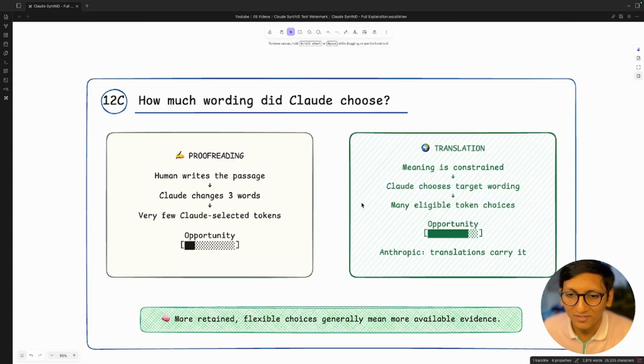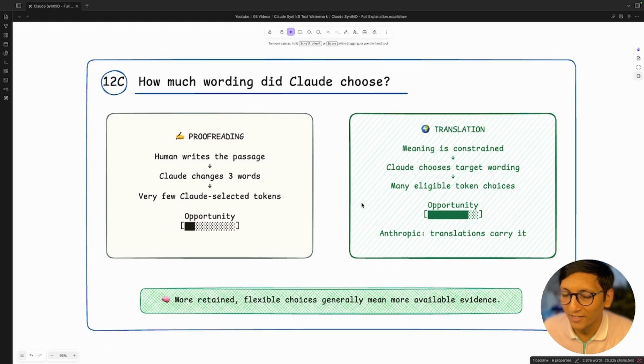Another scenario is proofreading. If you have written a certain article or text and you ask Claude to proofread it, Claude changes a couple of words. So very few Claude-selected tokens come in during proofreading, and the opportunity for token selection is less. But let's talk about translation. Meaning is constrained in translation.